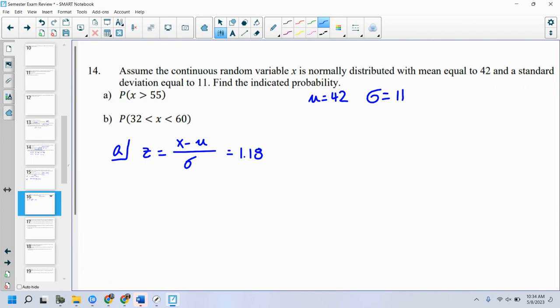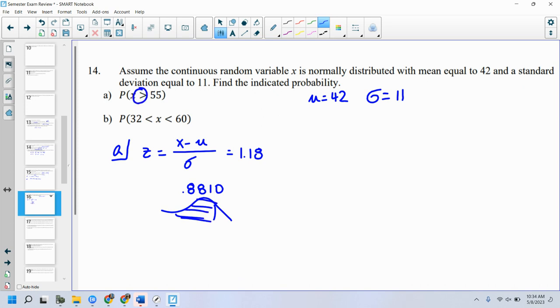So that gives me 0.8810. Now, watch out. That's to the left of it, correct? Where do I want?